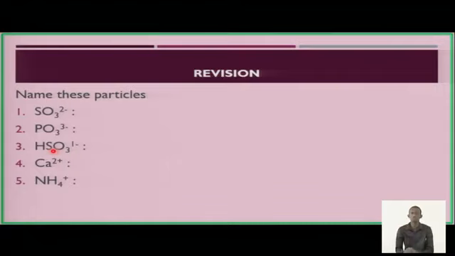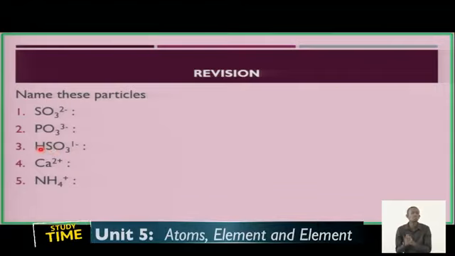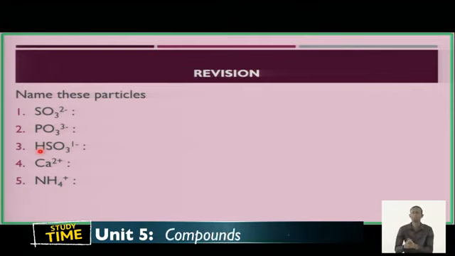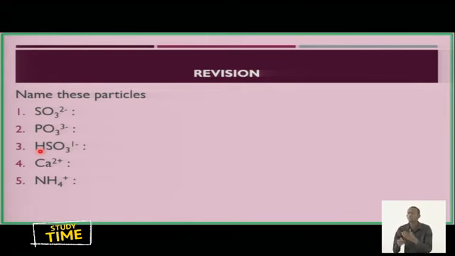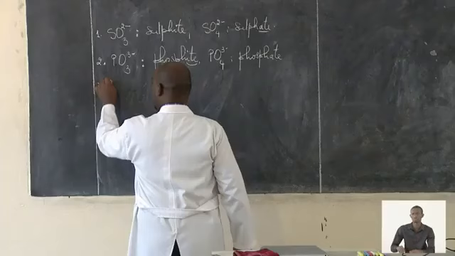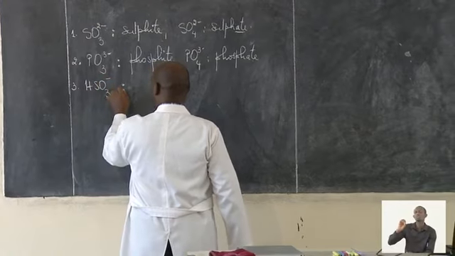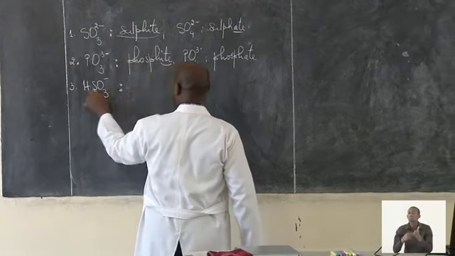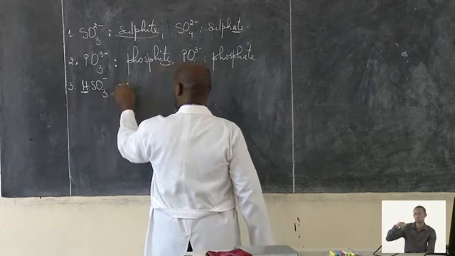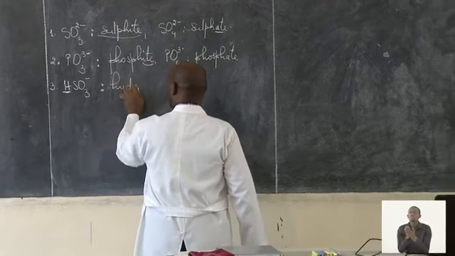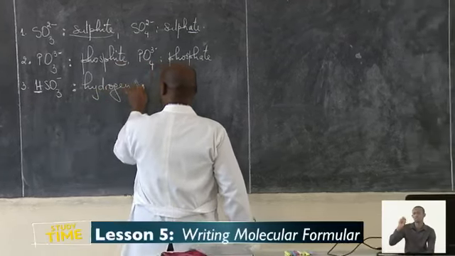To the name of this particle, we add that of the particle we have added. And the particle added is hydrogen. So on the sulfite, we add the name of this one. So it becomes hydrogen sulfite.